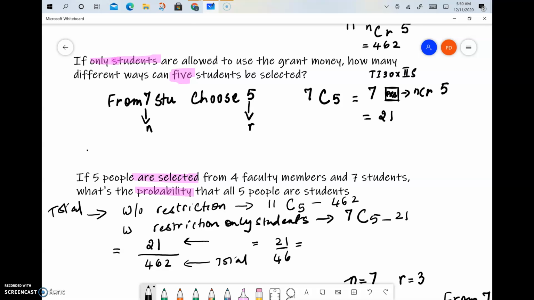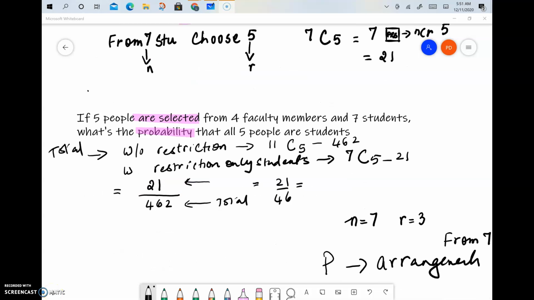That's equal to 0.0454545 and so on. Now this is 462, I'm sorry, that should be 21 over 462.